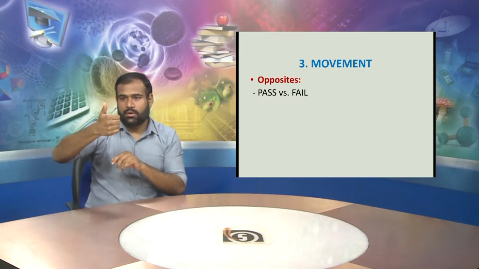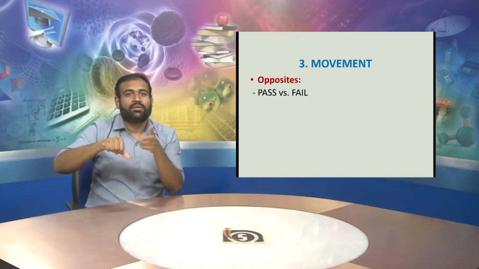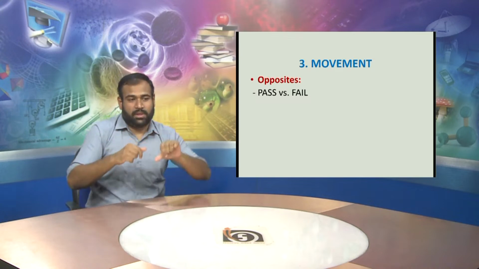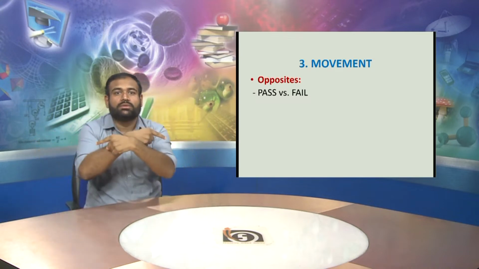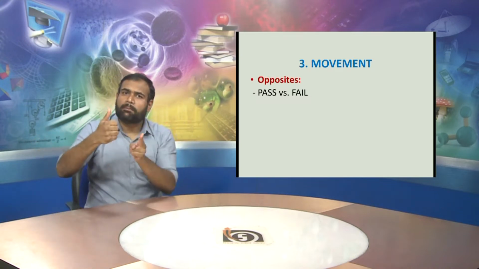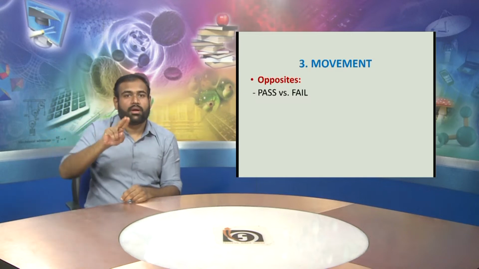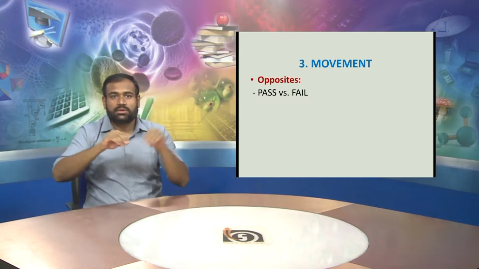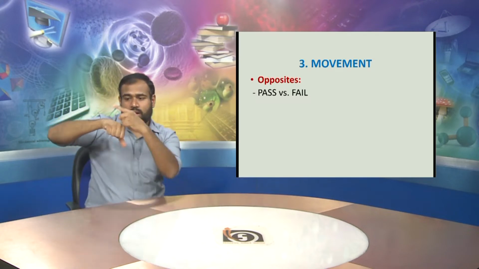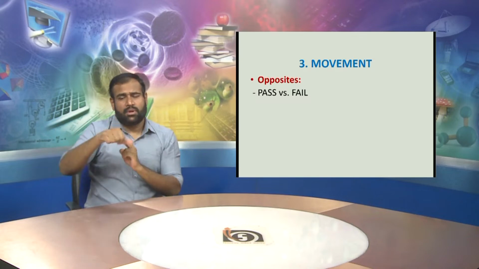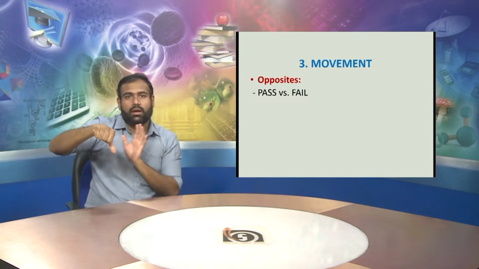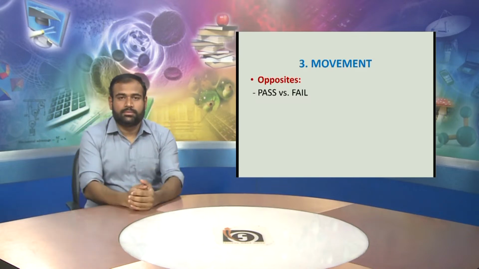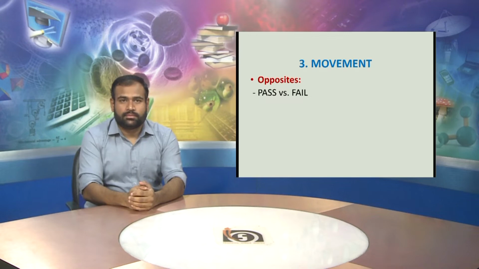So this is pass and this is fail. Both have opposite direction. You can see the movements are both in opposite direction. In one case we will be doing thumb up, and in another we will be doing thumb down.